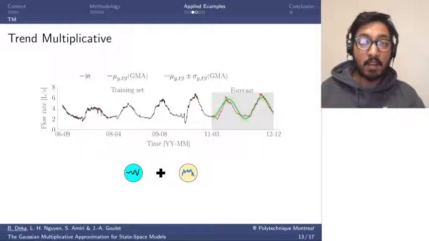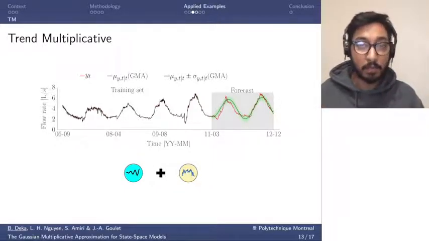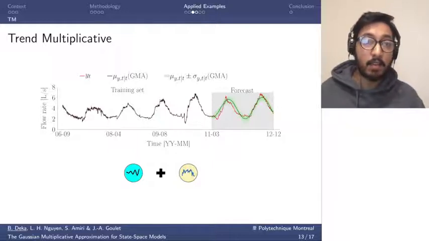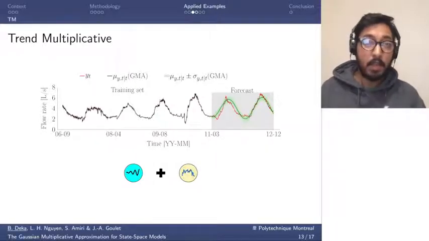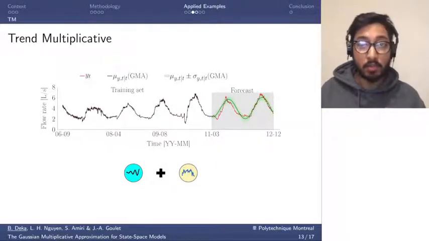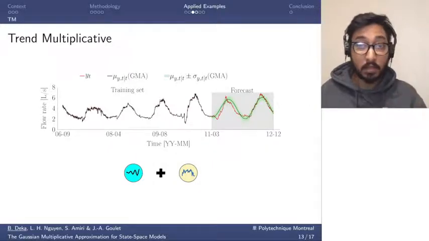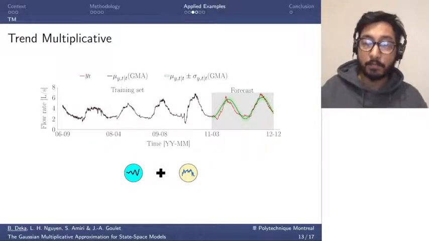And this is our forecast using this new component, trend multiplicative, where we are able to identify the evolving amplitude over time. The red line shows the actual observation, the black line shows our prediction using GMA, and the green bound shows the uncertainty associated with our prediction.